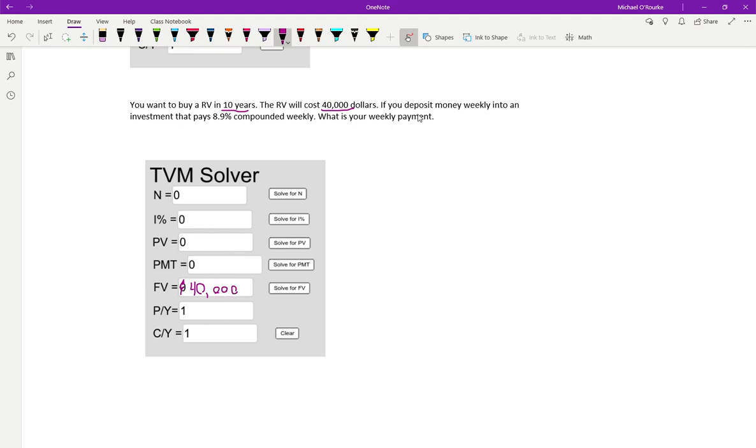Now, we're looking for our regular payment. So what else do we know? 8.9% interest, and compounded weekly in weekly payments. So these are going to be 52 and 52. Now this here, 10 years times our weekly, which is 52, is 520. So that's our number in there.